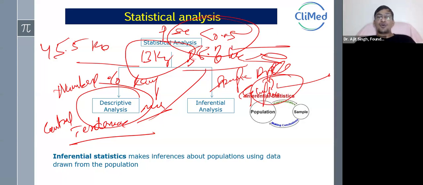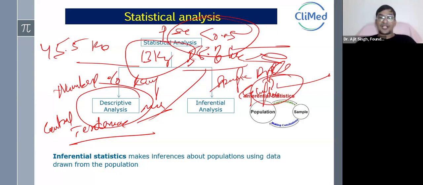But mean, mode, median, standard deviation, SEM, all these things come under descriptive analysis. These will not go to inferential analysis at all.